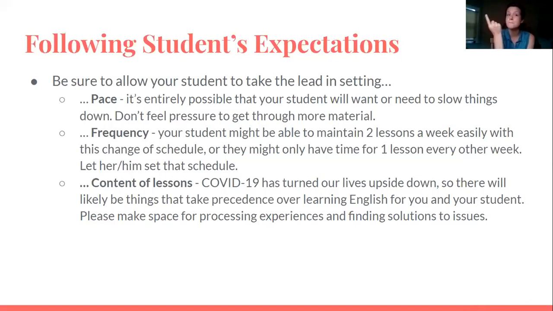In terms of pace, it might be possible that your student is able to get through as much material as you've been getting through one-on-one, but it also might be true that it'll go more slowly. And really that's more likely. So we don't want you to feel pressured to go over more material than you get through naturally. And we also don't want you to pressure your student or to feel pressure from us to do that.